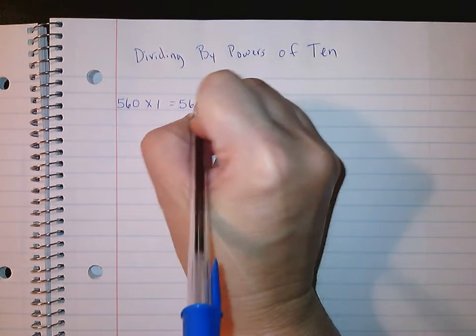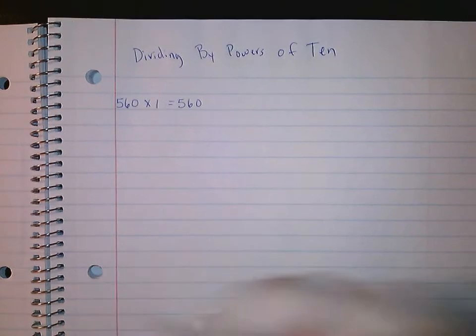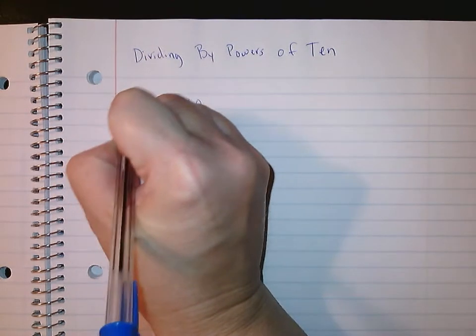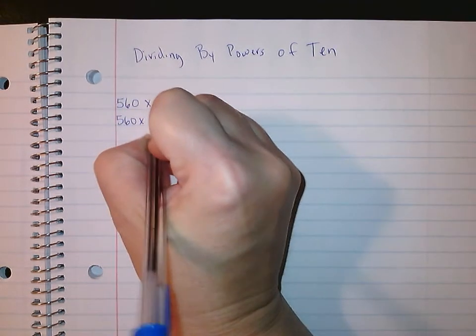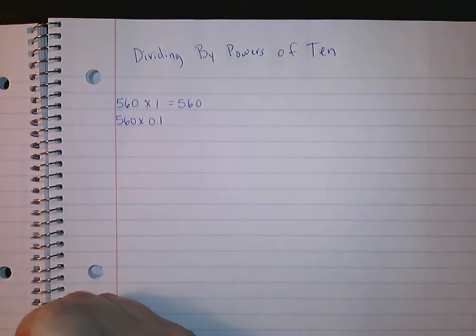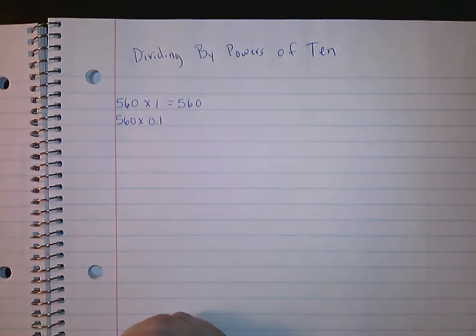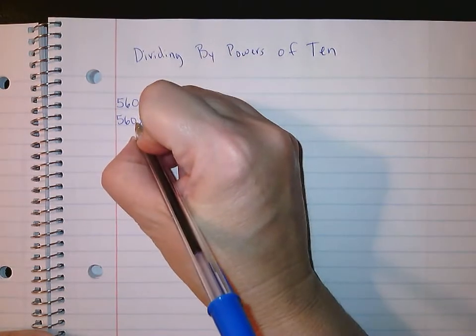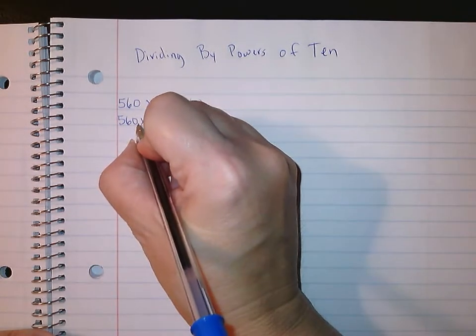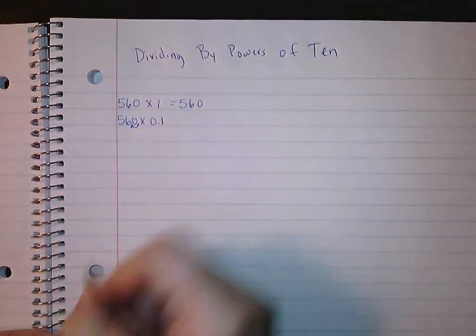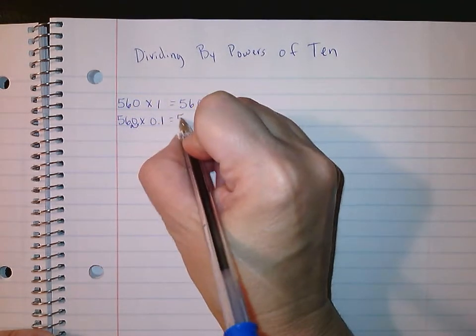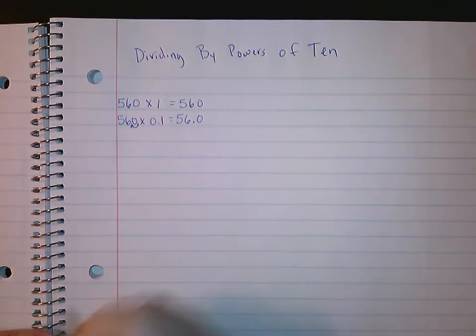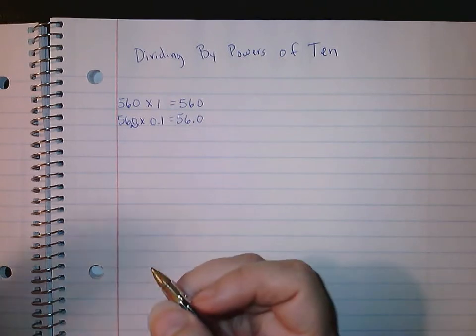The number is 560. In the last chapter, we would have done 560 multiplied by 1/10. If you remember, that meant my decimal would move 1 place to the left. My decimal's behind the 0, so it would go 1 place to the left. And so my answer is 56 and 0/10, or 56.